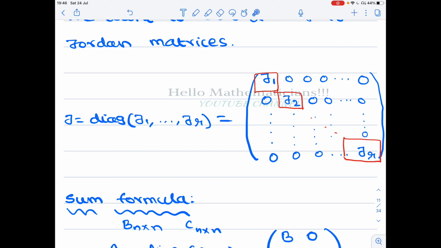For each block, we know the associated eigenvalue's algebraic multiplicity and geometric multiplicity. If it is a k by k block, then the algebraic multiplicity is k and the geometric multiplicity is always 1. Now we want to understand the algebraic multiplicity and geometric multiplicity of the whole matrix.